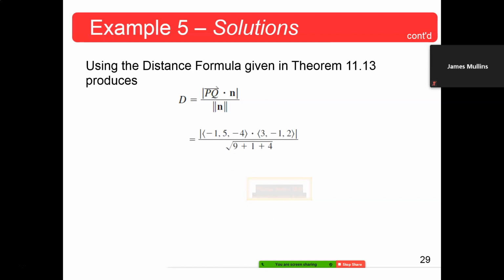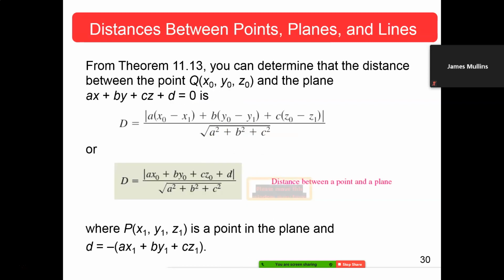Now, there we go. From that theorem, you can determine that the distance between the point Q, x0, y0, z0, and the plane, and remember the plane is named ax plus by plus cz plus d is equal to 0. That distance then would be the dot product between the normal vector for this plane, which would be the vector A, B, C. That's the direction numbers for your equation for the plane.